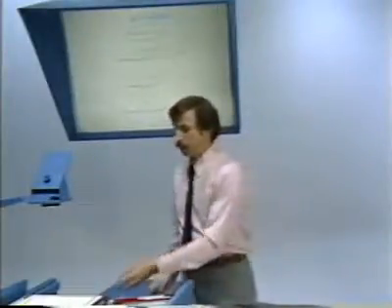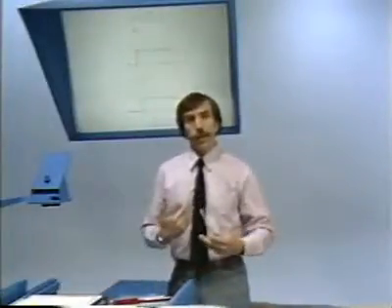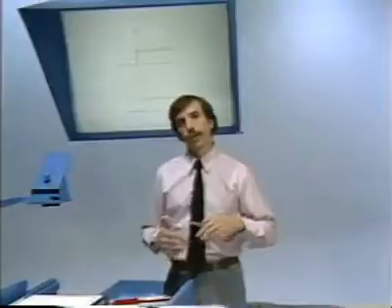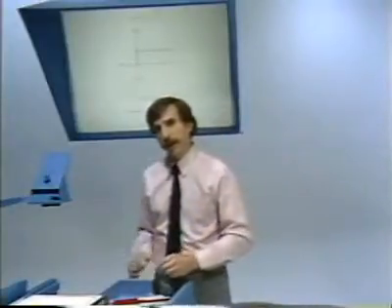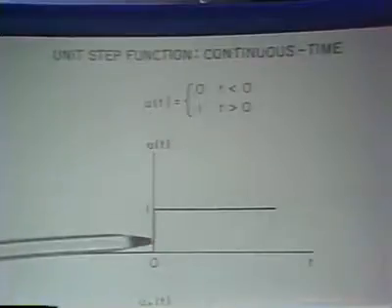Well, similarly, in continuous time, we can talk about an impulse function which is the first derivative of a unit step function. So the unit impulse, as we want to define it, is the derivative of the unit step. Of course, we just finished discussing the fact that the unit step function is in fact discontinuous at t equals 0.